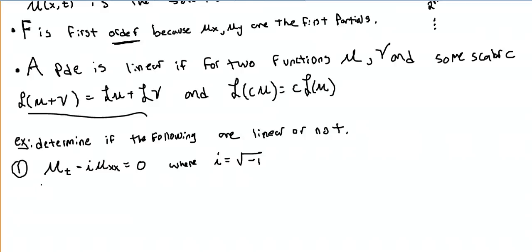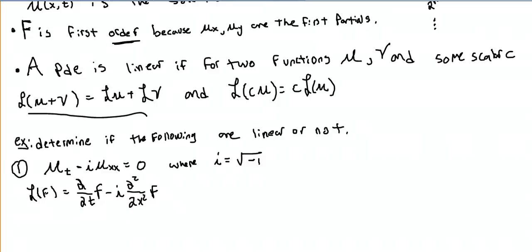I could say that an operator would be of the form L of f is equal to, notice how this is the partial with respect to t of some function, so I'll just say this is the partial with respect to t of the function f, whatever that function may be, minus i times the second partial derivative with respect to x of the function f.